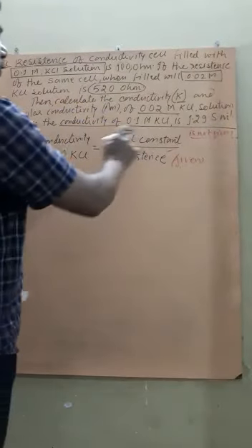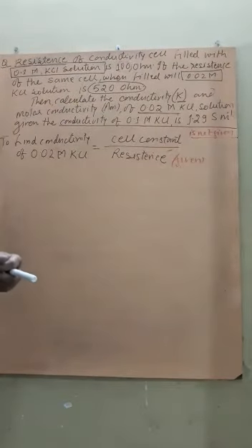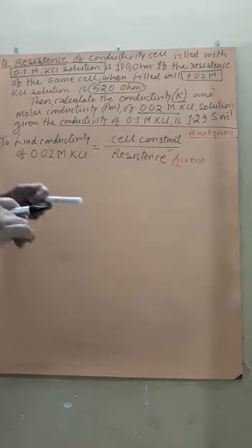So what is the relationship? We can find the cell constant indirectly from the 0.1 M KCl solution, because it is a constant value. It remains constant even if the concentration is changed.